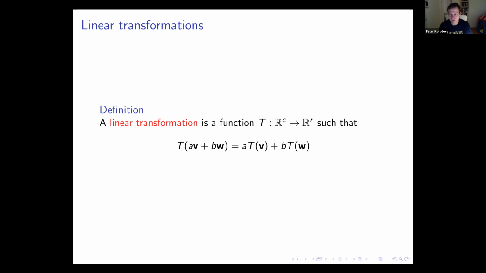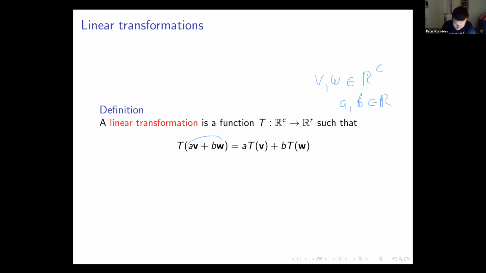So we use the same notation because we'll use matrices to denote that, such that T of aV plus bW is equal to a times T of V plus b times T of W. Here both V and W belong to this set R^n, so this is a linear combination, and a and b are just real coefficients.